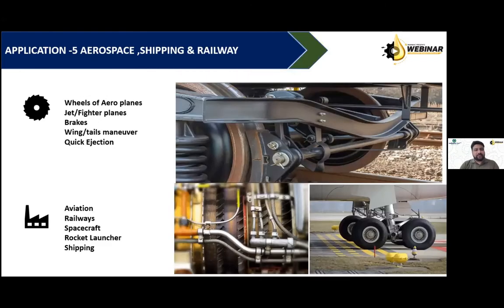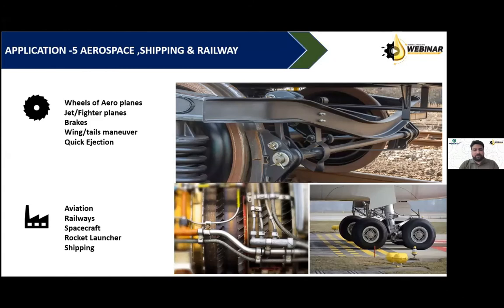Next application is aerospace or shipping or railways. In all these applications, you can say they are transportation applications, where either movement of passengers or goods is going to happen. So aerospace, shipping, and railway, they all come under the transportation applications.